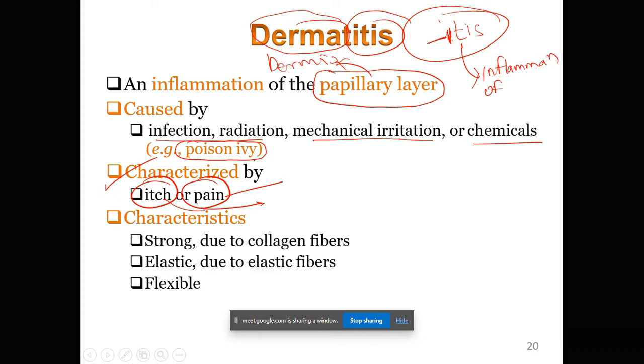Whenever you have pain, it is a kind of indication of inflammation. The dermis is strong due to the collagen fibers, elastic due to the elastic fibers, and flexible.